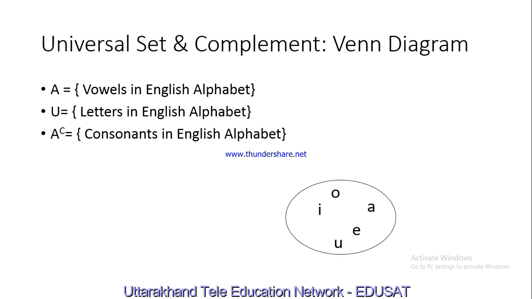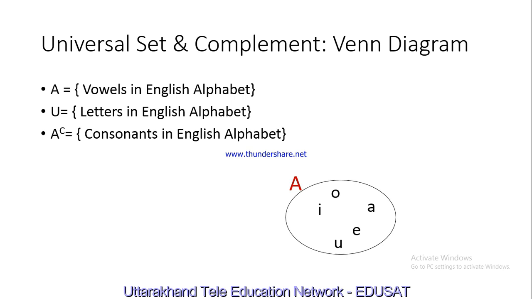So here we have shown the sequence as I, O, U, E, and A, and it is equivalent to A, E, I, O, U. So this is how we are depicting the set A.